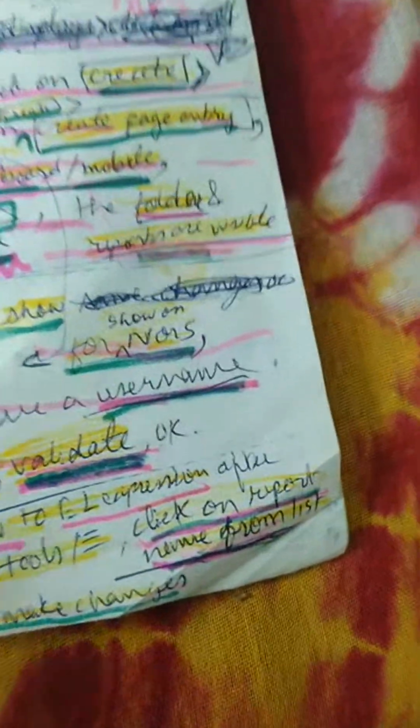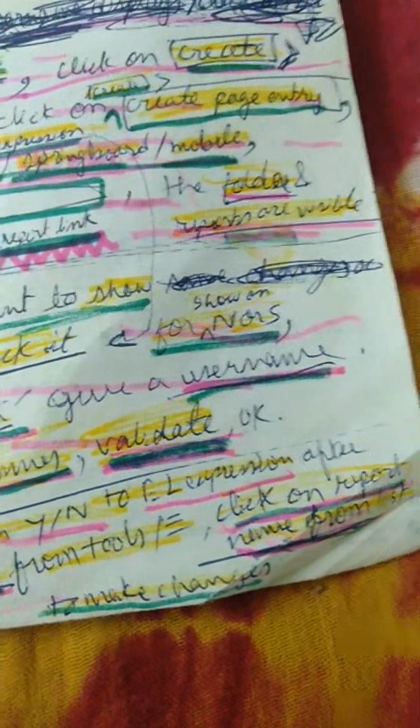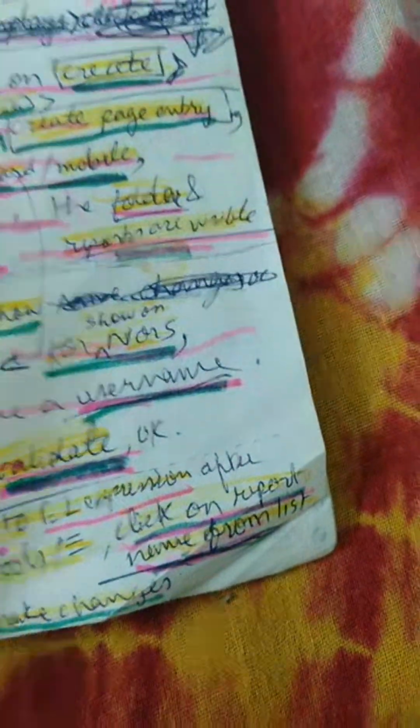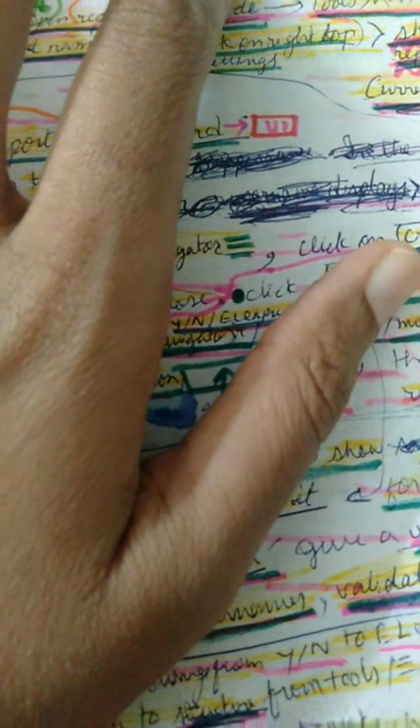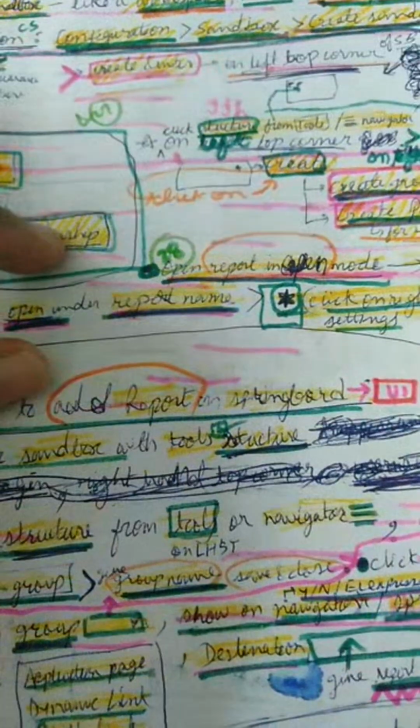If I want to make any changes again, I'll go to the sandbox again. In the sandbox we'll go to the structure, and under the structure we'll click on the report name from the list to make changes. I'll open the sandbox again. This sandbox will have structure as the tool selected.